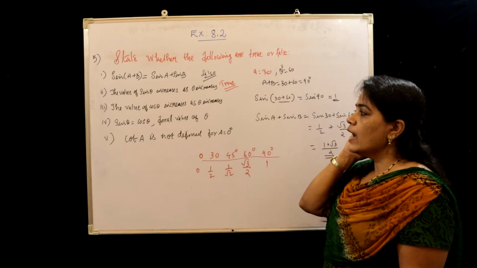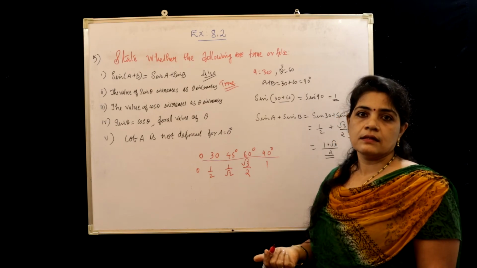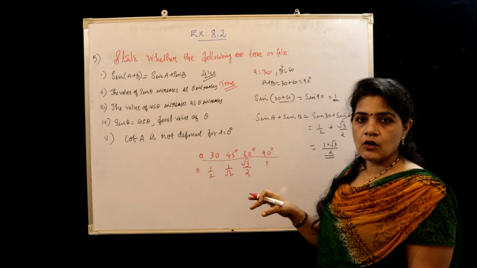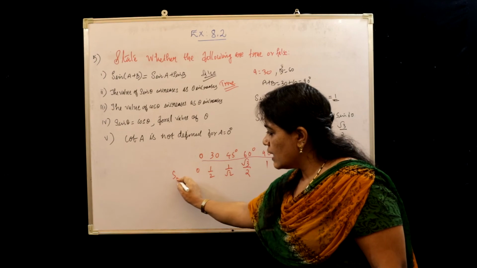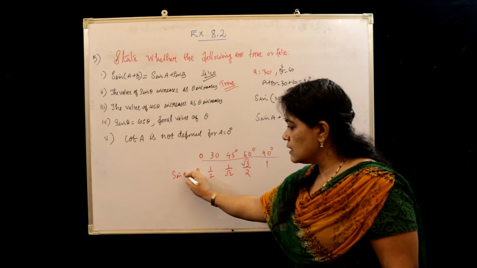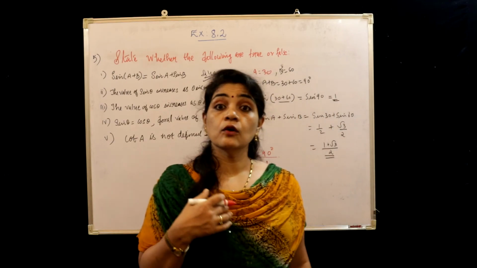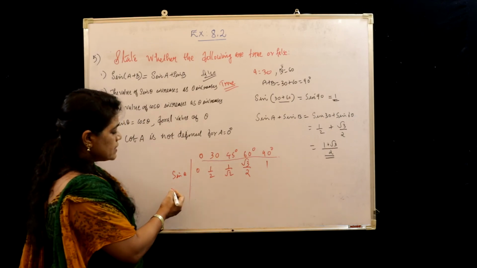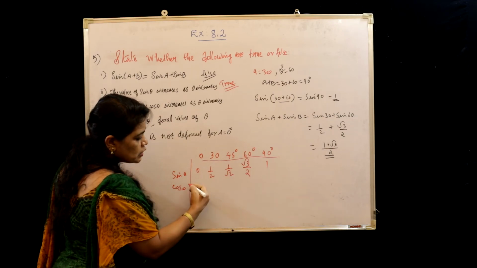And next one, the value of cos theta increases as theta increases. We know how to get the values of cos in order, just reverse the order. This is for sine theta. In the third question it is given that cos theta also increases as theta increases. So what are the values of cos theta? Just reverse the order from 90 to 0.